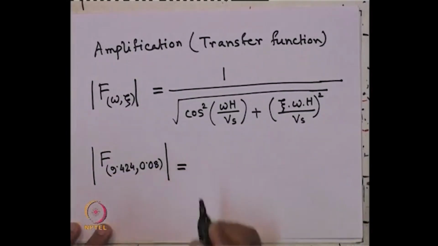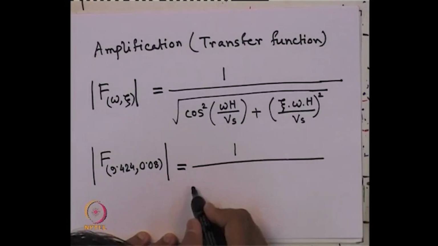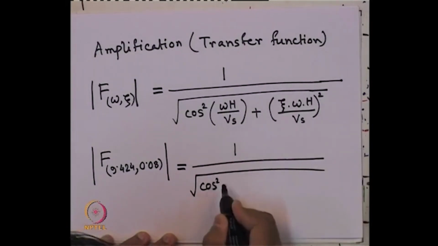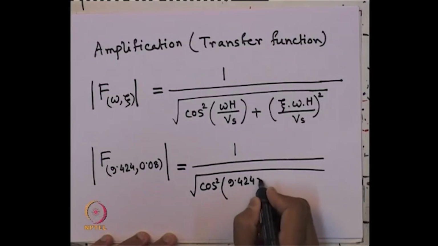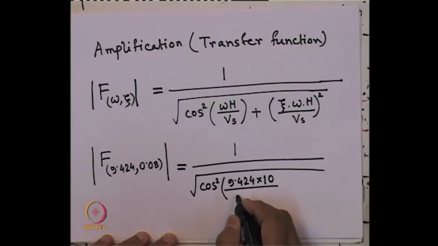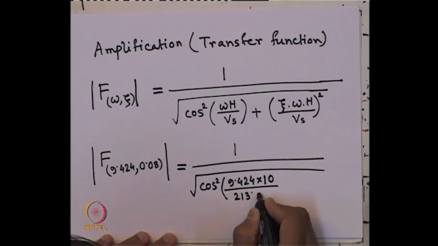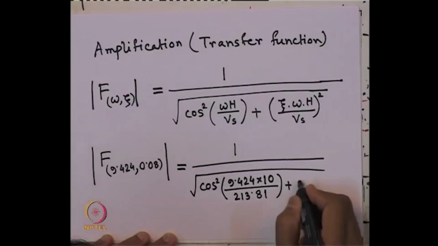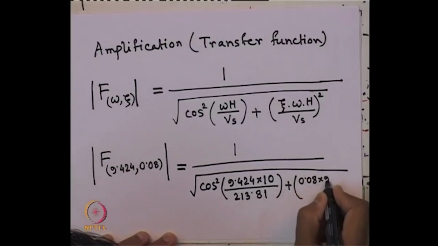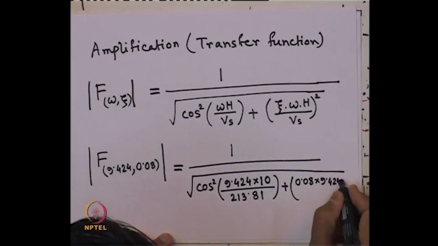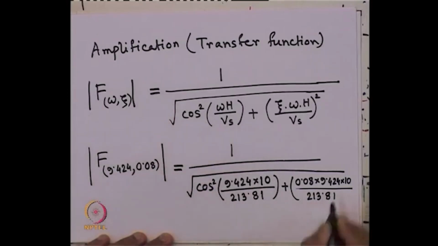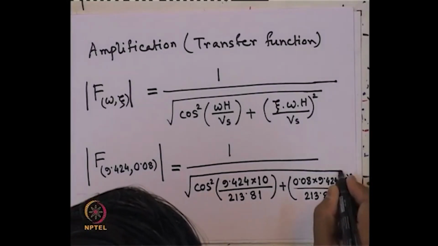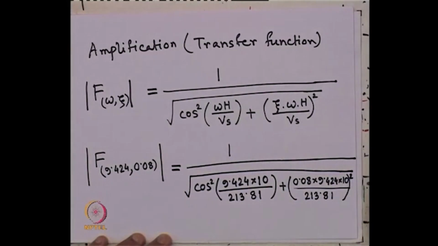So, for that the transfer function will be 1 by root over cosine square, you can check this, 9.424 into h is 10, this V s value is 213.81, plus this damping ratio is 0.08, omega is 9.424 and h is 10 by V s is 213.81, that whole square, this is under root and that is the denominator.